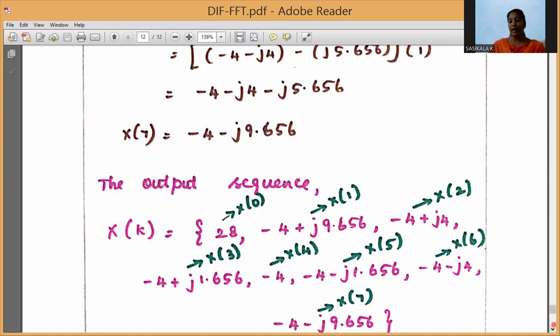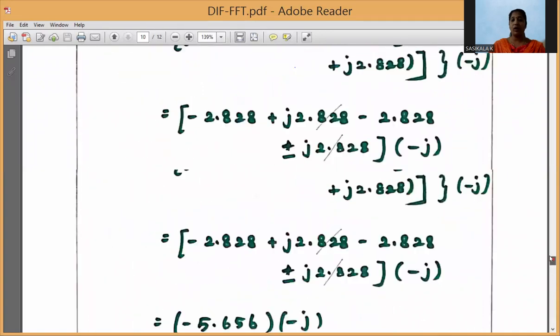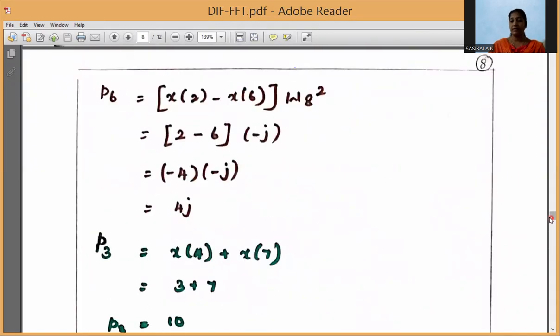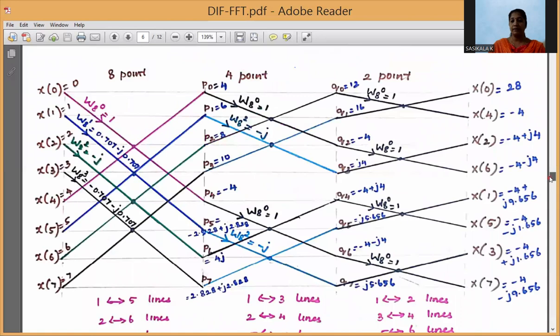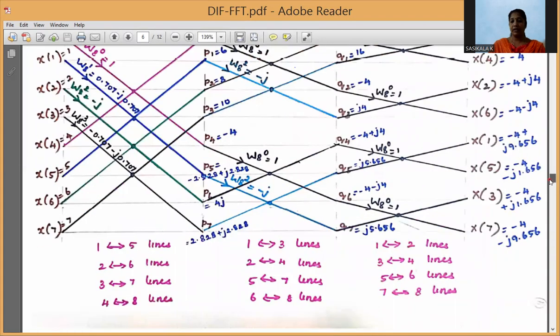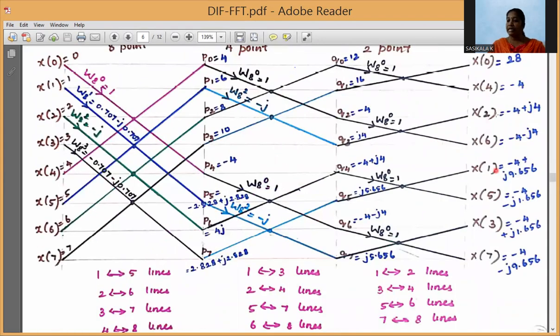So X of 3 value and X of 7 value we have got, and just substitute it in the butterfly diagram. See, listen, the output is in the bit reversal order, but when we take the output, you have to finally, when you conclude, write it like this. That is capital X of 0, X of 1, X of 2, X of 3 and all.